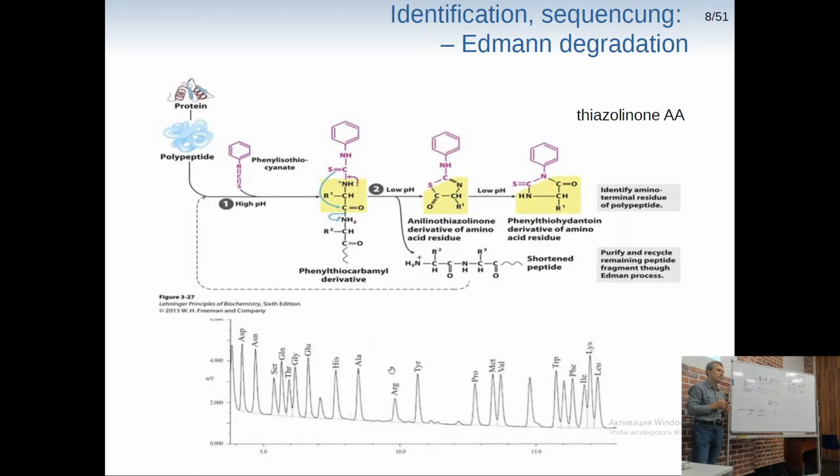We know about post-translational modification of the radicals of our amino acids, but can some post-translational or even spontaneous modification happen at the N-terminus of our protein or peptide? Can something block this NH2 group on the N-terminus?